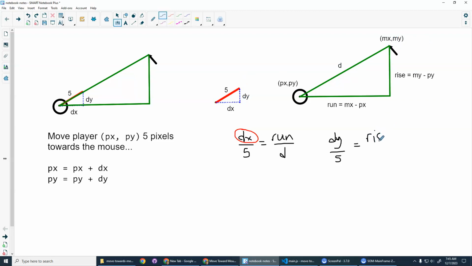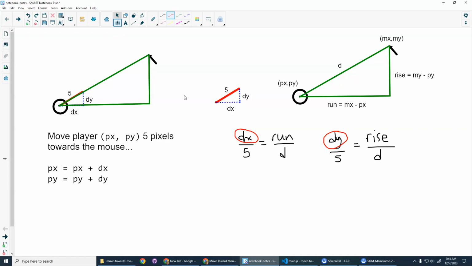And again, we can solve this equation for dy, just multiply both sides by 5. Once you have dy, move the x coordinate of my player by dx, move the y coordinate of my player by dy, and now I'm in my new location.